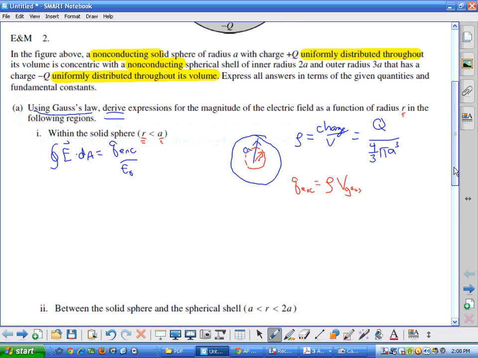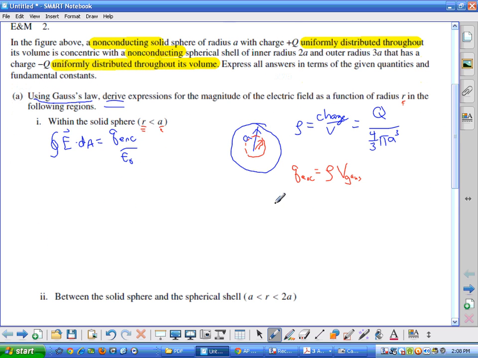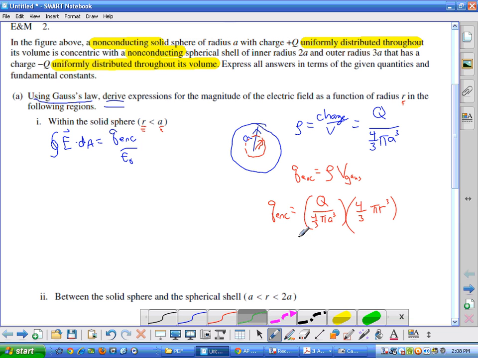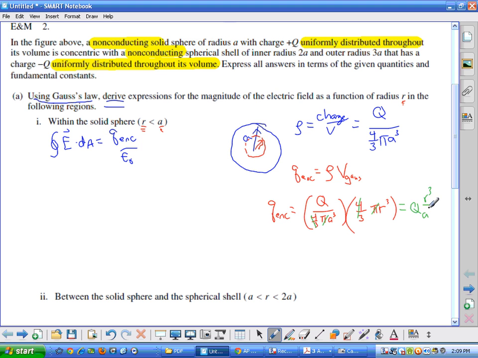So the enclosed charge is going to be the charge per volume, Q over 4/3 pi a cubed, times the volume of the Gaussian sphere, which is 4/3 pi times the radius of the Gaussian sphere, r cubed. This simplifies a little bit. The 4/3 drops out, the pi drops out, and so Q enclosed is going to be Q times r cubed over a cubed.